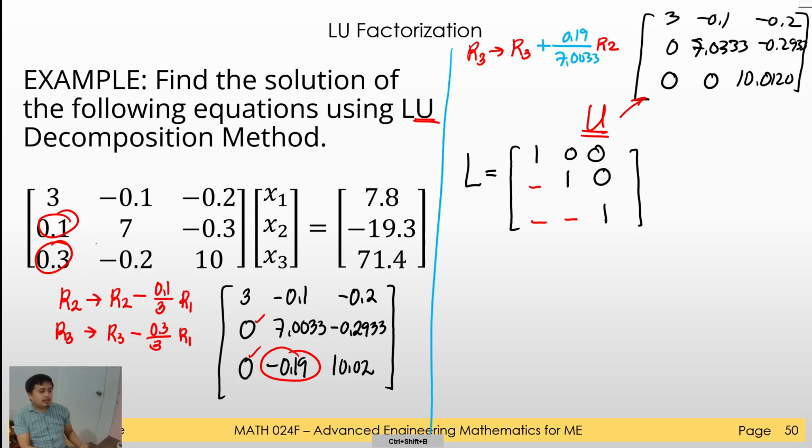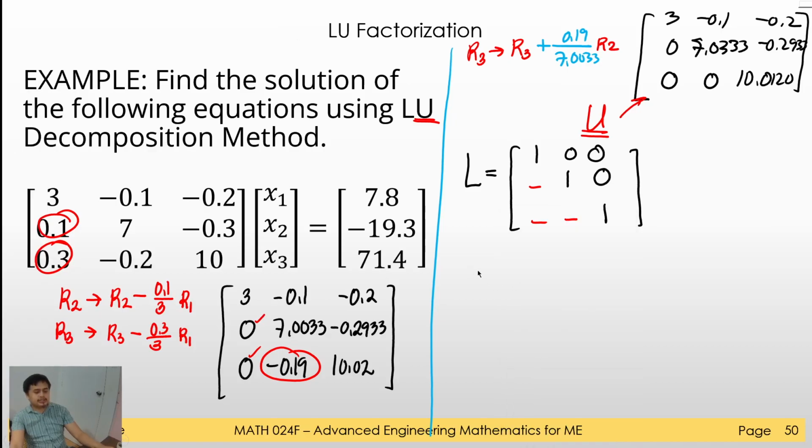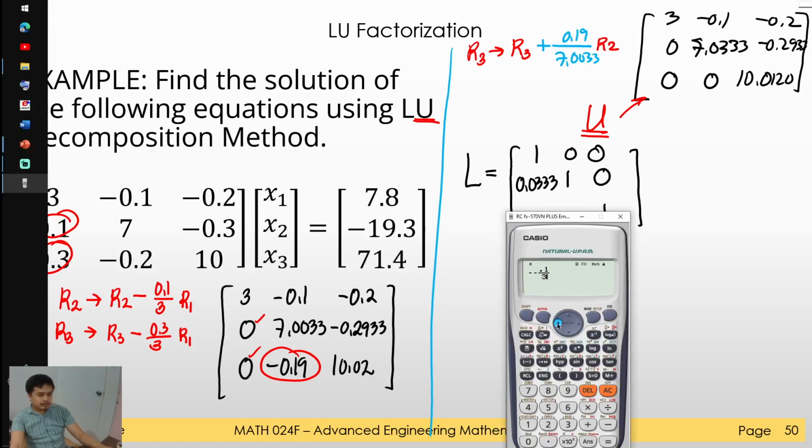The entries here are the values of the alpha that we utilized. Or to be specific, the negative value of this alpha. So if this is your alpha, then the negative of this, so negative of negative 0.1 over 3, basically we'll just change the signs. So this will be 0.0333. All right. And then for the other one, we have positive as well.